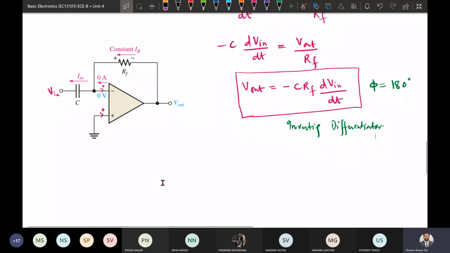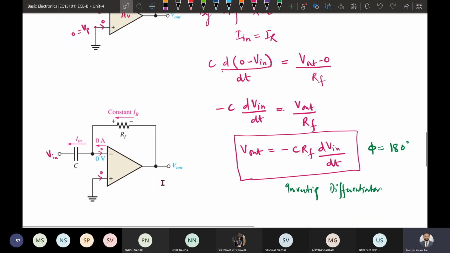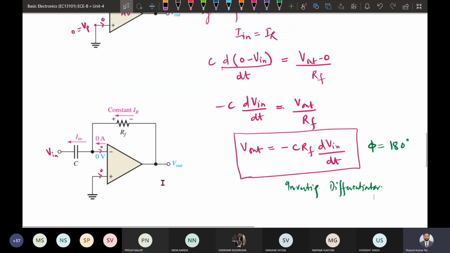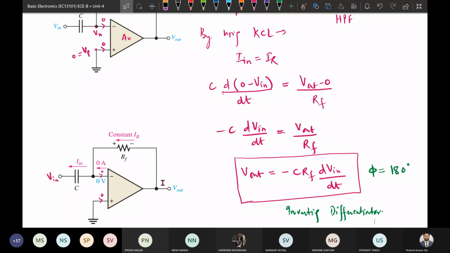So this is how we will be able to find out the differentiation output. I hope you have got the concept of how we are implementing. It is a very easy topic. We are just using capacitance and resistance to implement the circuit.